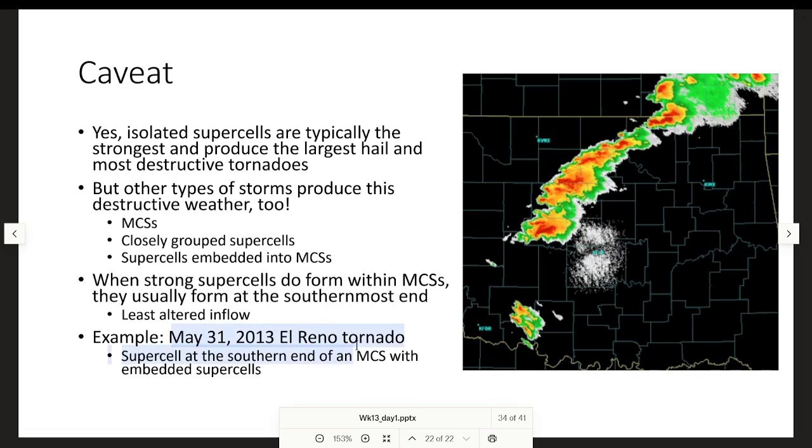So, the 2013 El Reno tornado, which was pretty significant, was at the southern end of an MCS with embedded supercells. I don't think that chasing MCSs is a great idea because they can move really fast, and if a tornado forms, you can get tornadoes to form in these notches and stuff.